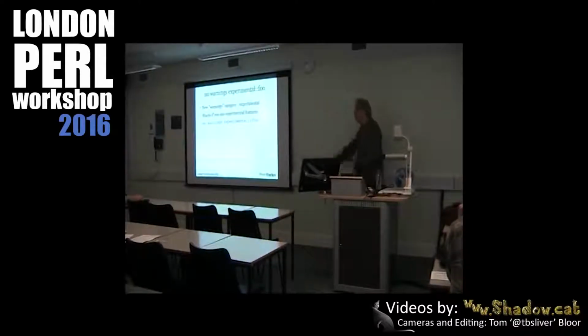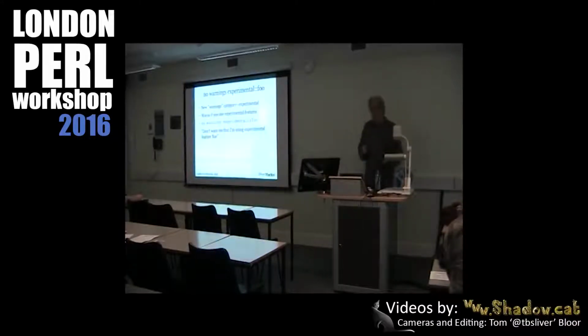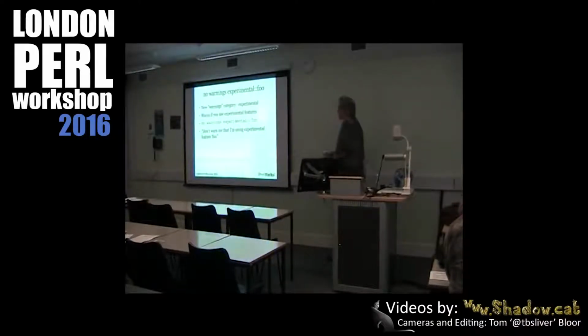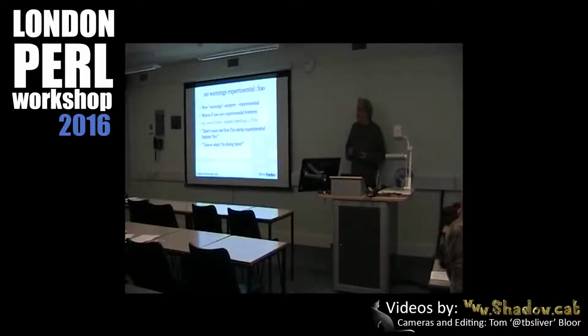And when we talk about some experimental features over the next hour or so, I'll show you what goes in place of foo in order to turn off the warnings for that. So basically, this says to Perl, don't warn me that I'm using experimental feature foo, or I know what I'm doing here. Or I think I know what I'm doing here.